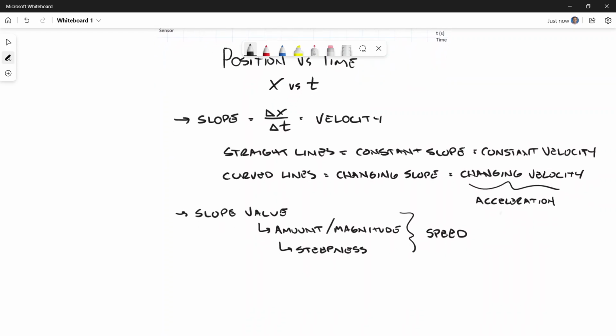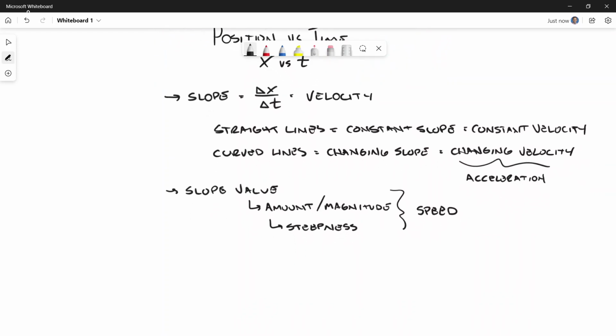If I'm looking at a graph and I see a slope that's up and to the right, that is a positive slope, and it indicates that the object is moving in the positive direction. Let's say this is positive 3 meters per second. This object is likely moving to the right, which is usually what we assign as the positive direction.